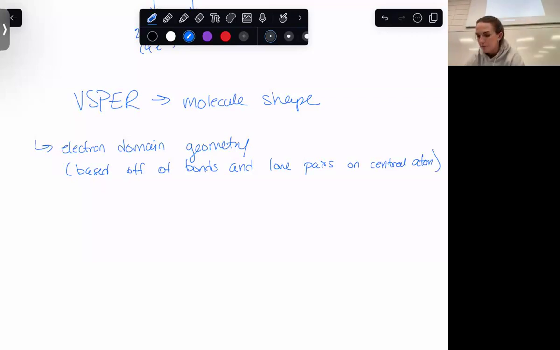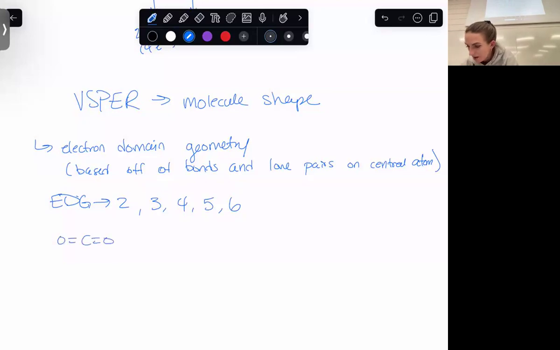There's 5, right? We can have an electron domain geometry of 2, 3, 4, 5, or 6. There's many, many examples. Right, this could be CO2. We can have NH3. I'm sorry, not NH3. BF3.